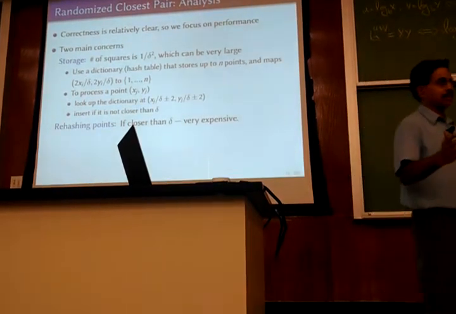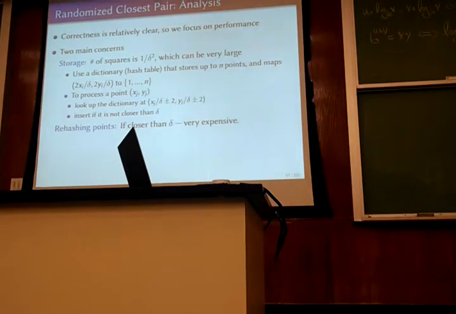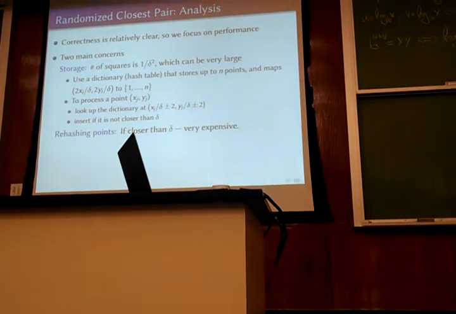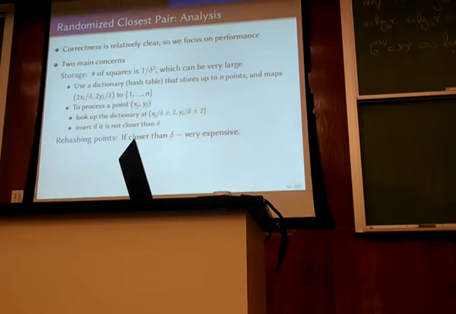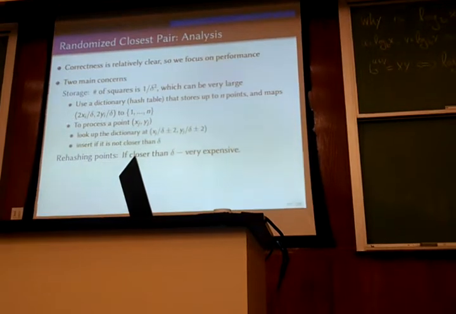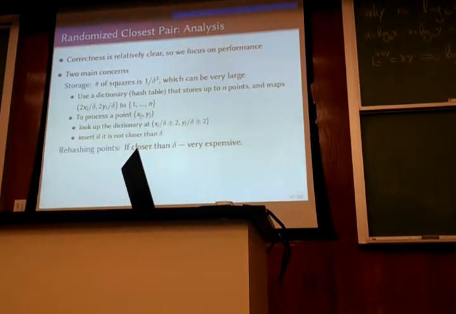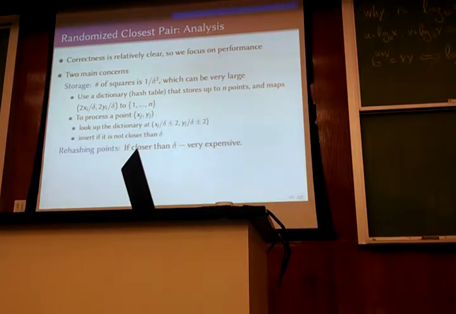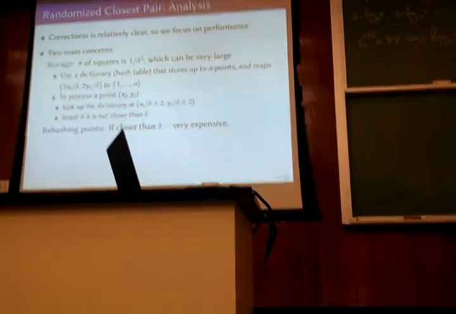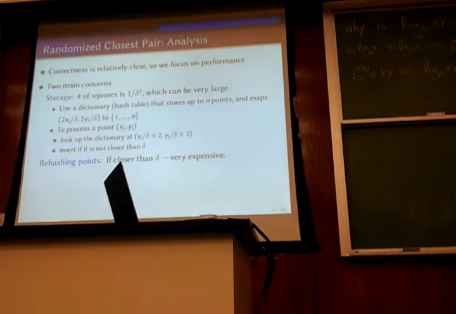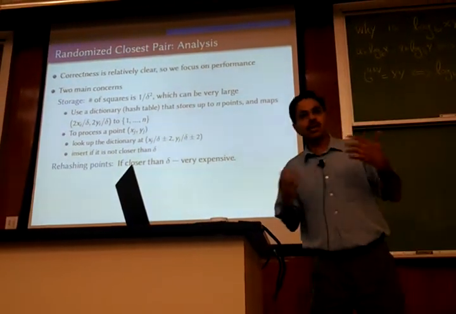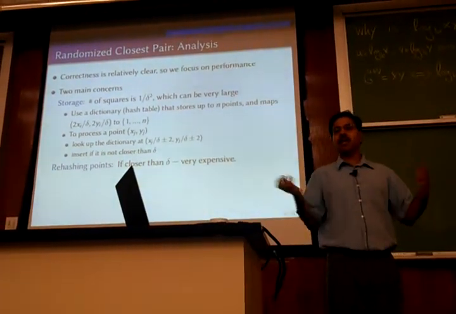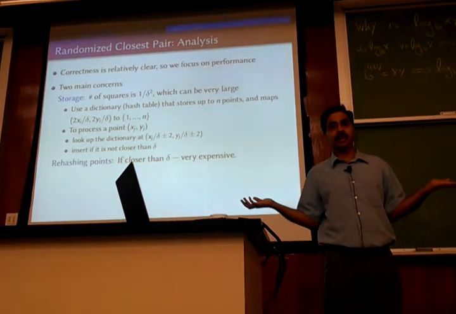The k plus 1 point arrives, right? Ideally, you would want to spend only constant time for that point. But if the k plus 1 point is closer than delta to some other point, then you have to spend time proportional to k, because you rehash all the k elements we have seen before. So if you do this carelessly, this becomes a k-square algorithm.